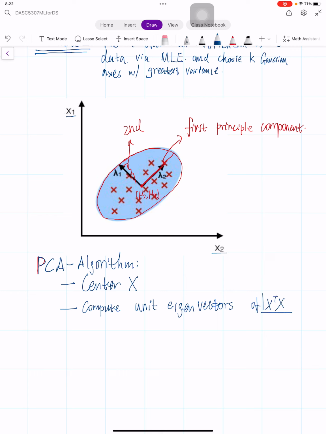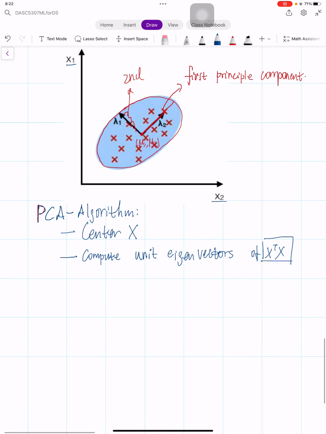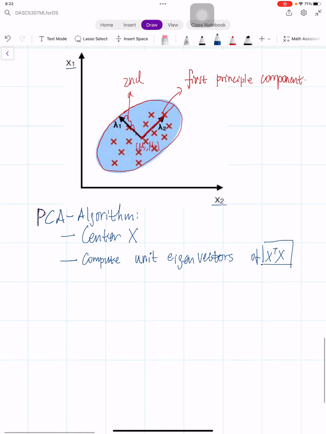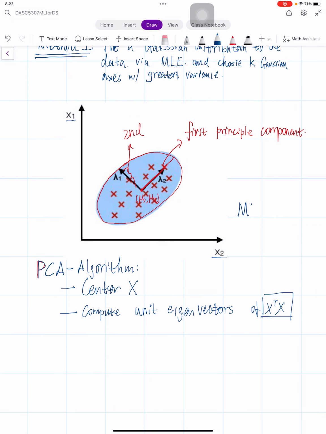Because the MLE for the covariance matrix of a normal distribution is nothing but sigma hat equals x transpose x divided by n.